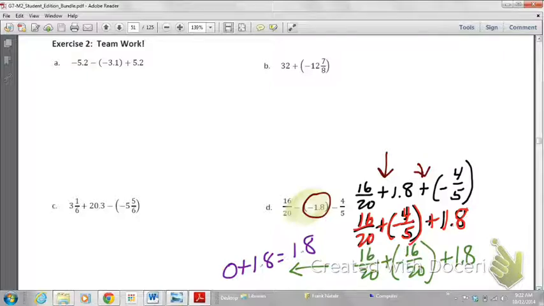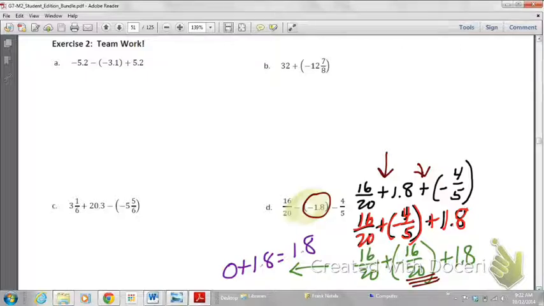All right. From there, the second step in red here, I just moved things around, used my commutative property to move my negative 4.5 closer to my 16/20ths. And then in the green step, you can see that I found a like fraction, a common denominator.